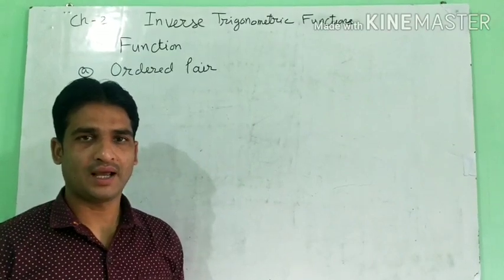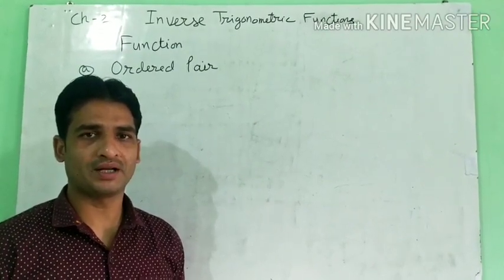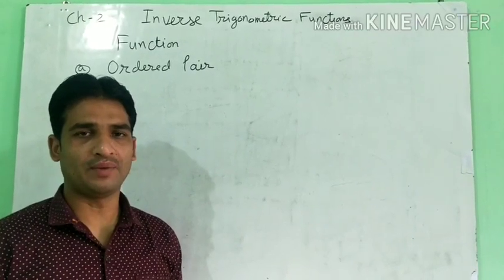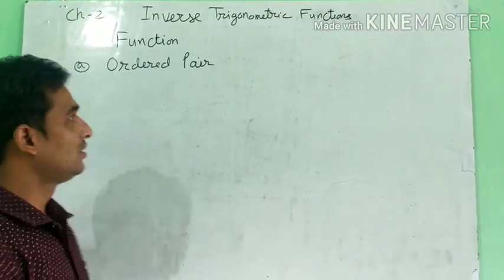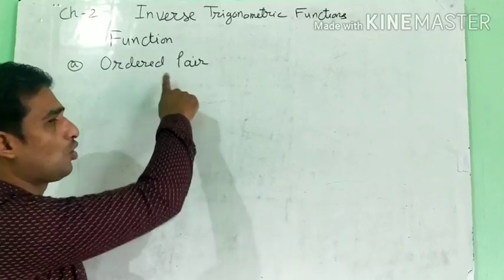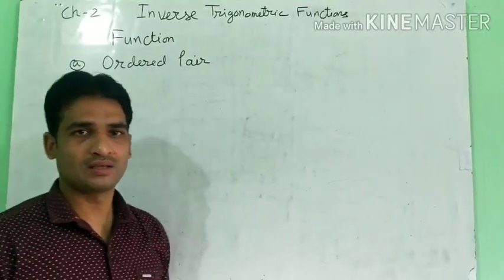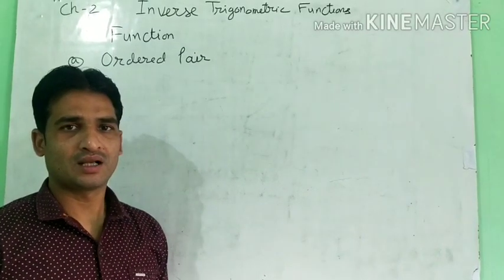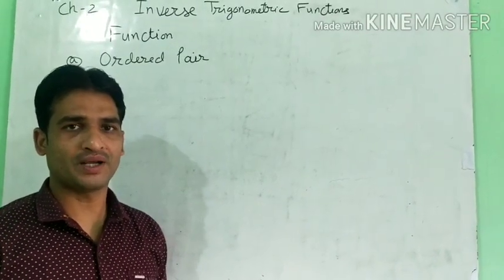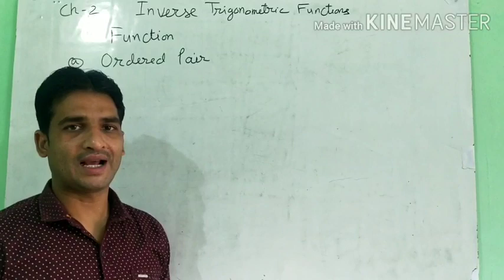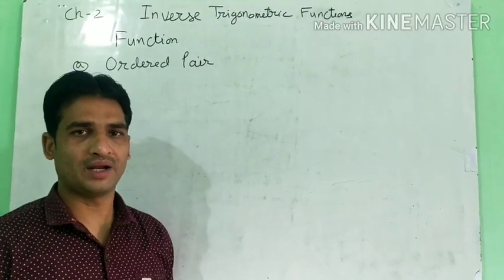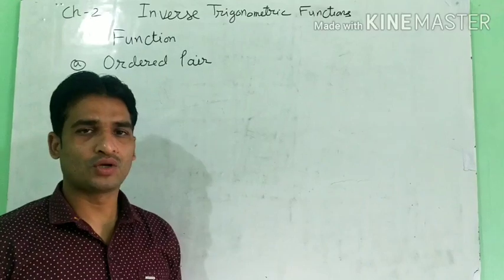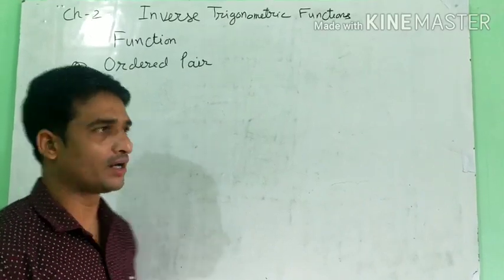It means every ordered pair consists exactly two elements. And another word is order. Ordered means order is important. It means each ordered pair consists exactly two elements in a fixed order. It means you cannot change the order.